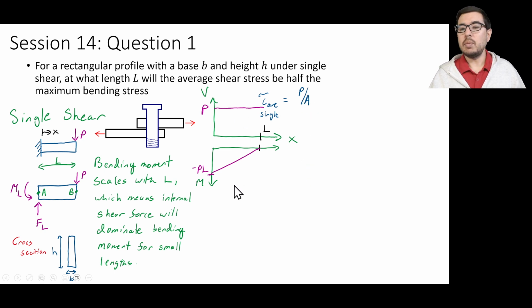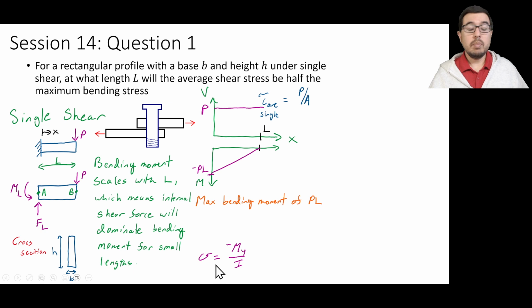And the maximum bending moment, as we said previously, is going to be here at the wall, where we have a magnitude of PL. The equation for the bending stress is going to be minus My over I. And if we look at the average shear stress with the dimensions that we have, we can say it's P over bh, bh being the area.